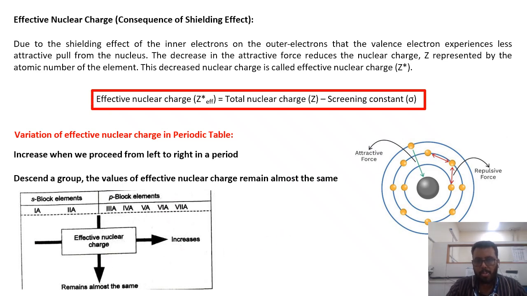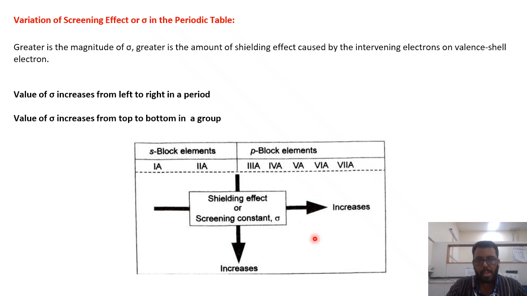Now let's move on to the next property: the screening effect or sigma. Shielding effect or shielding constant is sigma. How does it vary along the group and period? It's very simple. The only difference from the effective nuclear charge is that it remains constant when you descend down the group.